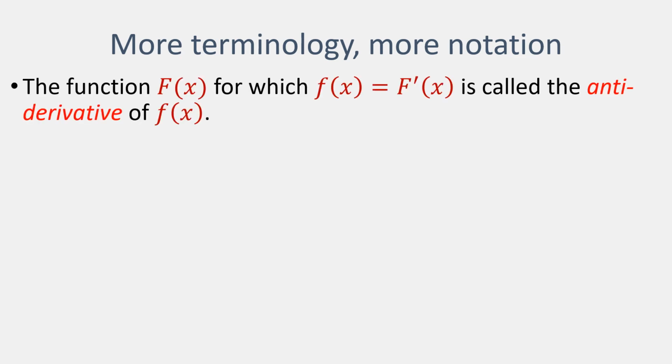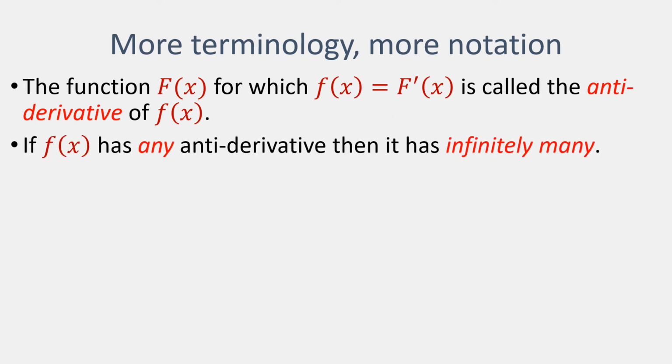This function, with the property that when we differentiate it, we recover our starting function, is called the antiderivative of f. So we have: the first derivative of big F of x is small f of x. The other way we refer to it is as the antiderivative function.